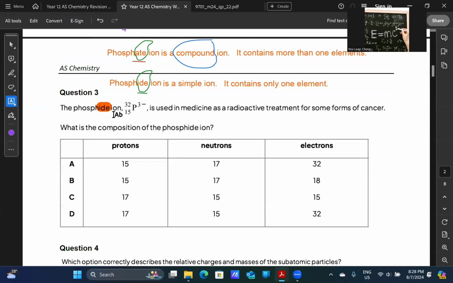The phosphide ion is used in medicines as a radioactive treatment for some forms of cancer. What is the composition of the phosphide ion? The number of protons is 15.